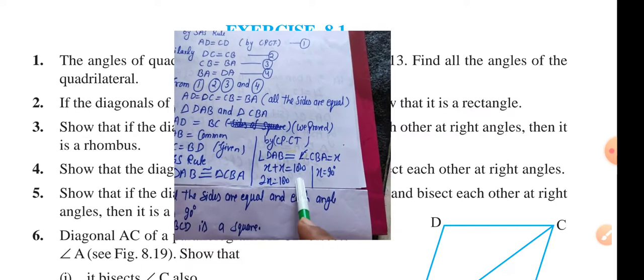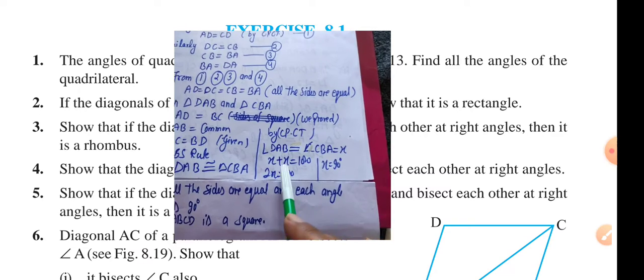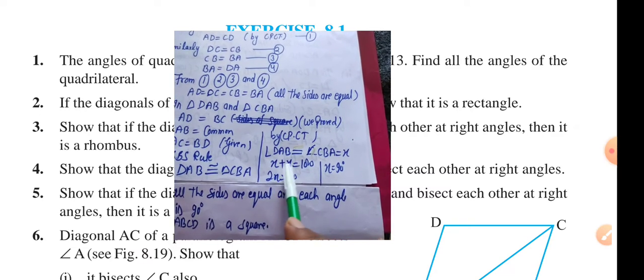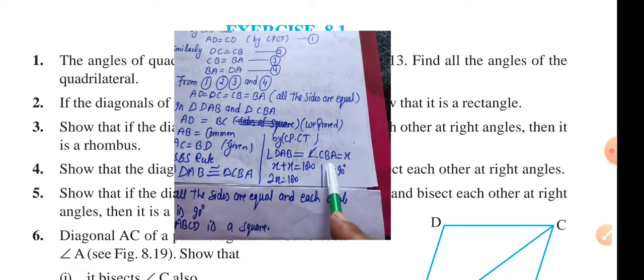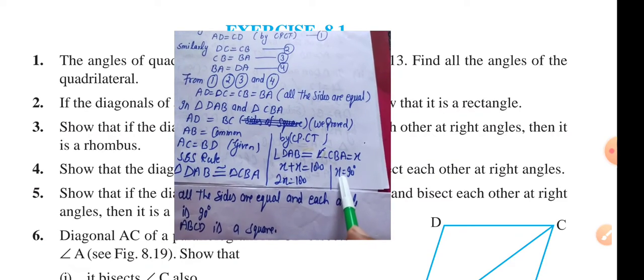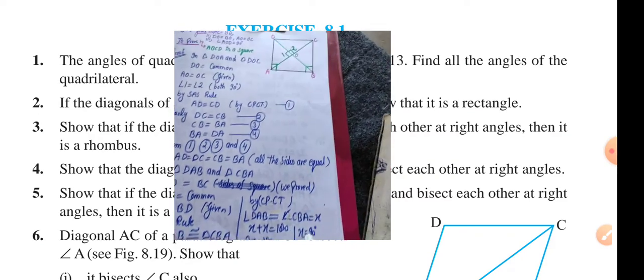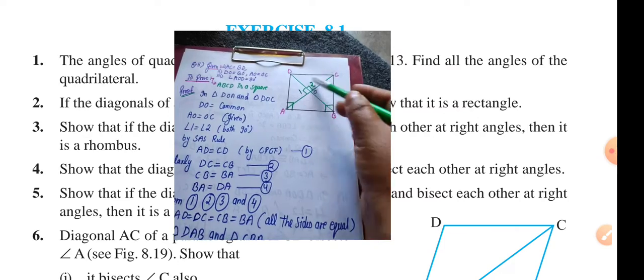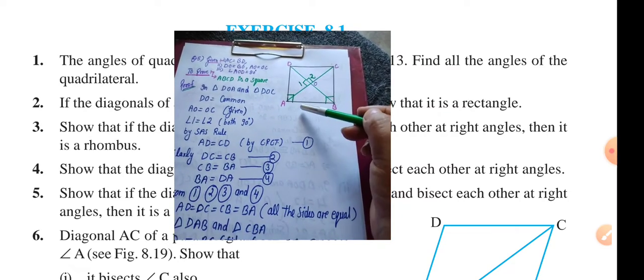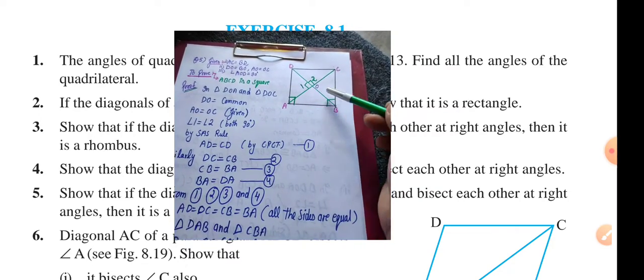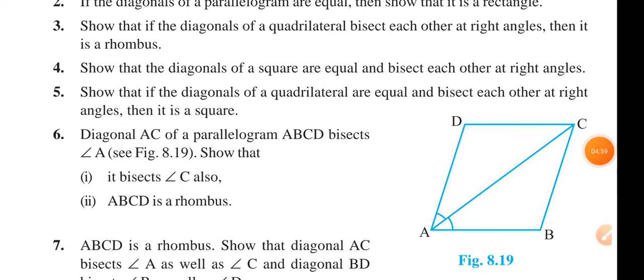I will write the reason also here. So x plus x equals 180 degrees, these are co-interior angles. 2x equals 180 degrees, and x is equal to 90 degrees. So you can see in this figure that all the sides are equal and each angle is 90 degrees. So we can say that it is a square.